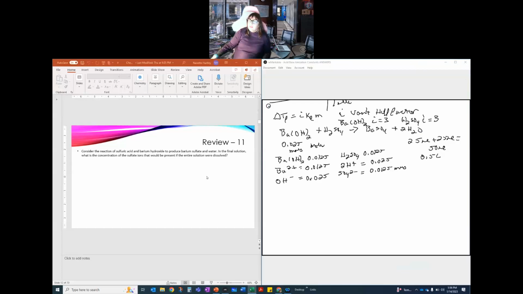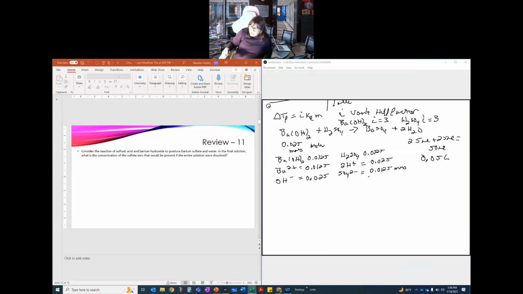If my math is right, let's make sure. Because my math sucks. I will freely admit that. It was 0.05, not 5. Okay. Order of magnitude off is a problem. 0.05 liters. And they asked about that sulfate ion.